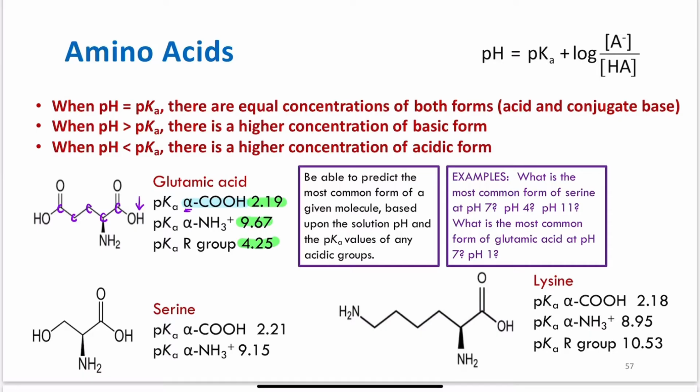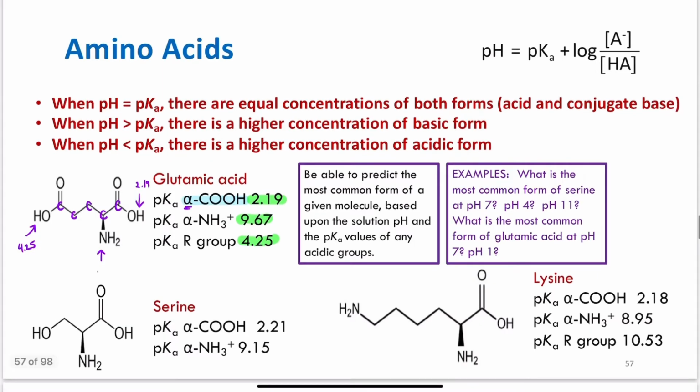The pKa at the alpha NH3 plus, that means right here. Now some of you may say, but it doesn't have a proton. We'll talk about that in a sec. And the pKa of the R group, that is the proton right here. Okay, so we have pKa values assigned.